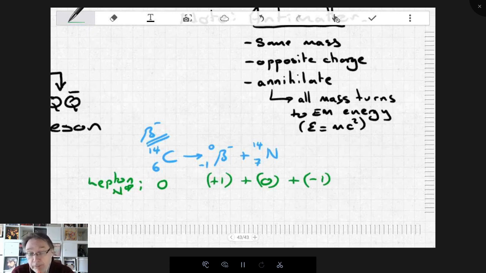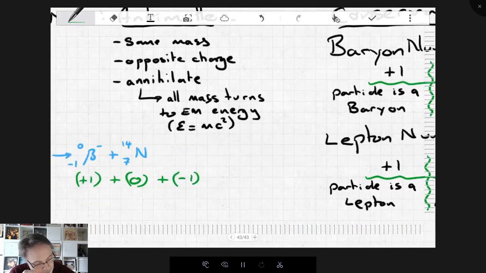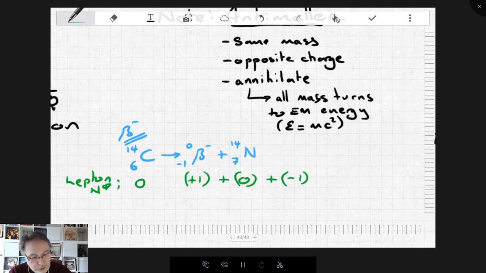And it must not muck up the charge number. So that only gives me 3 options: the neutrinos. And since it's an electron as part of this process, it will be the electron neutrino that's produced. But it has to be an anti-electron neutrino so that I get a lepton number of -1.